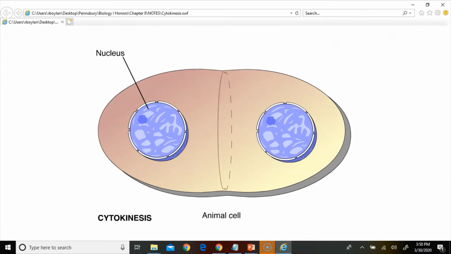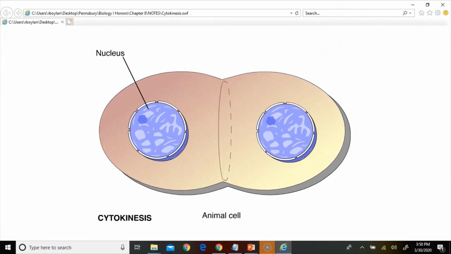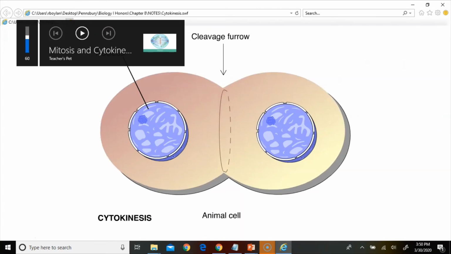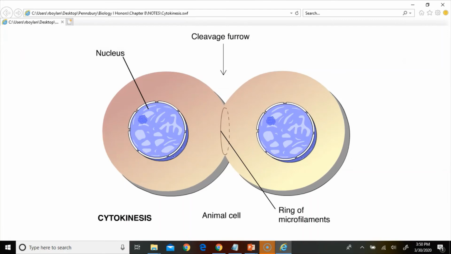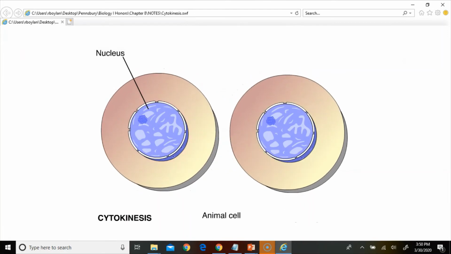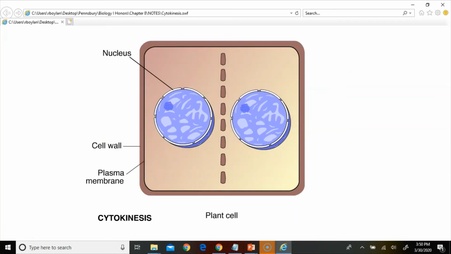In animal cells, cytokinesis begins with the formation of a cleavage furrow. At the site of the furrow, a ring of microfilaments contracts, much like the pulling of drawstrings. The cell is pinched in two, creating 2 identical daughter cells. In plant cells, cytokinesis begins when vesicles containing cell wall material collect in the middle of the cell.